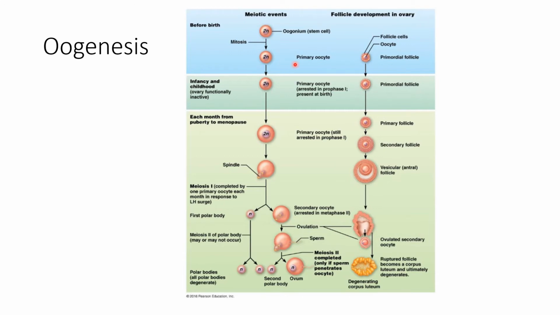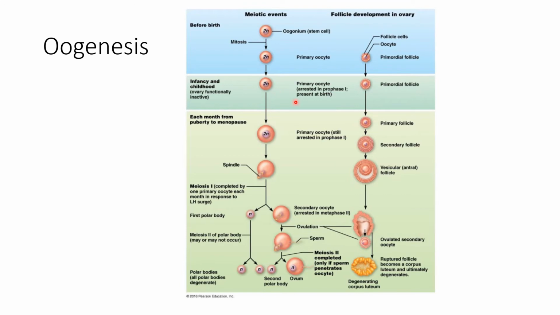That primary oocyte is going to begin its first meiotic division. So meiosis 1, when the female is now an infant or a child, that primary oocyte is going to start meiosis 1, but it's actually going to freeze during prophase 1.